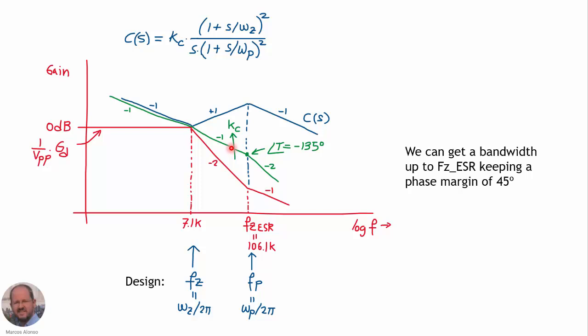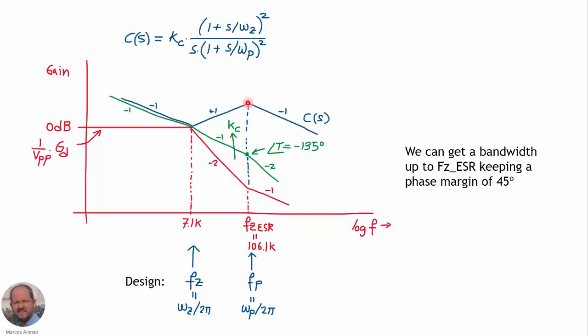And now if we place these two poles of our compensator at the same frequency as the zero that we have due to the ESR of the output capacitor, then at this point we are going to have only the effect of one pole, because one pole here is compensated with one zero here.